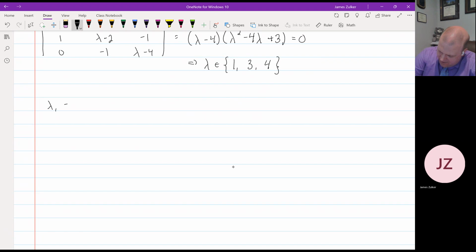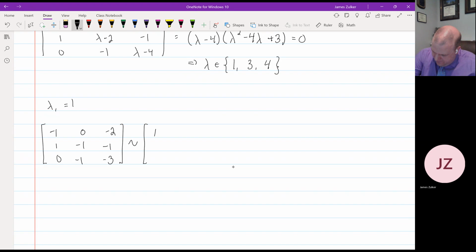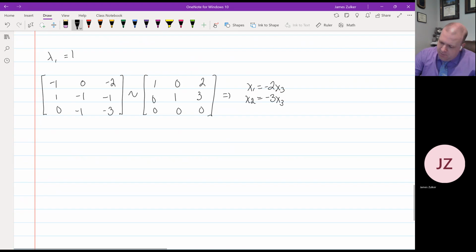Let's go ahead and find the eigenspaces, starting with eigenvalue of 1. We'll reduce this and we get that x1 has to be negative 2x3 and x2 has to be negative 3x3.